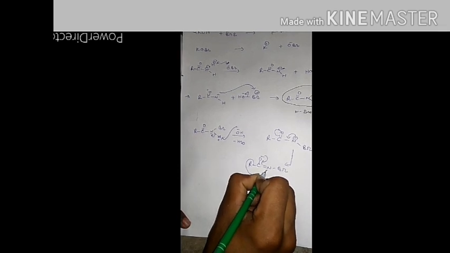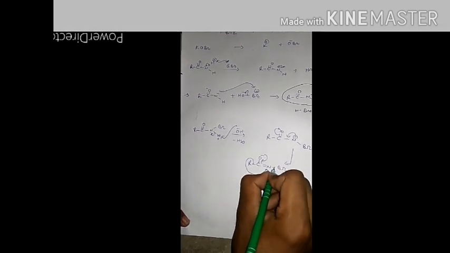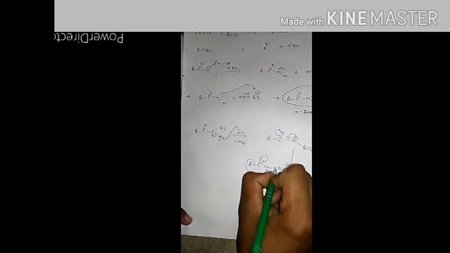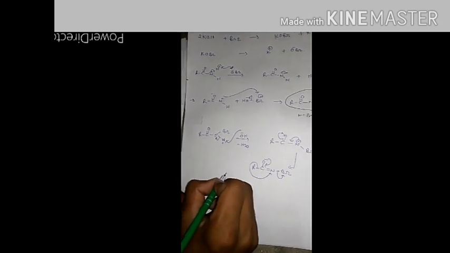This alkyl group shifts to nitrogen and the bromine atom is a leaving group, and the compound is formed.